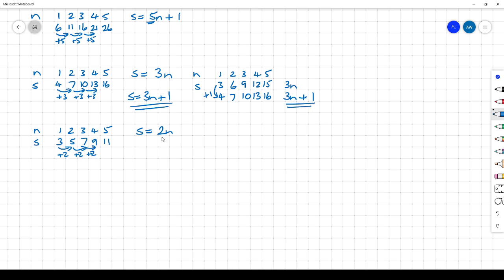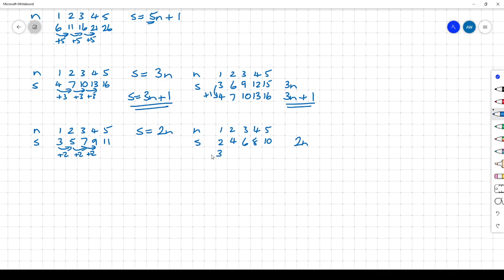So let's check out what 2n is. If I write down 1, 2, 3, 4, 5 again and write down the sequence for 2n, 2 times 1 is 2, 2 2s are 4, 2 3s are 6, 2 4s are 8, 2 5s are 10. That's not what we want. We want 3, 5, 7, 9, 11. So we haven't got enough yet. So there must be a little bit that we need to add on the end.